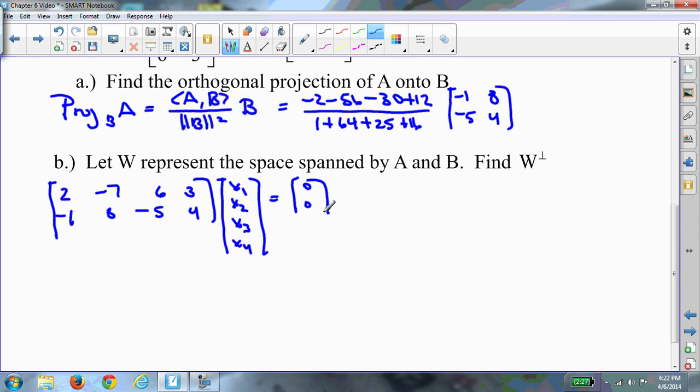One thing I want to mention: since my vectors are represented by matrices, my W perp vectors should also be matrices. So technically, this is the matrix x1, x2, x3, and x4, being consistent with how I wrote the other ones.